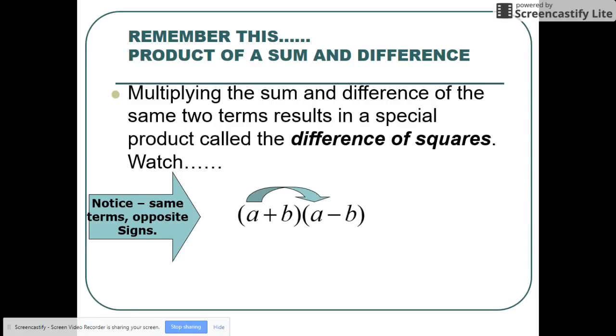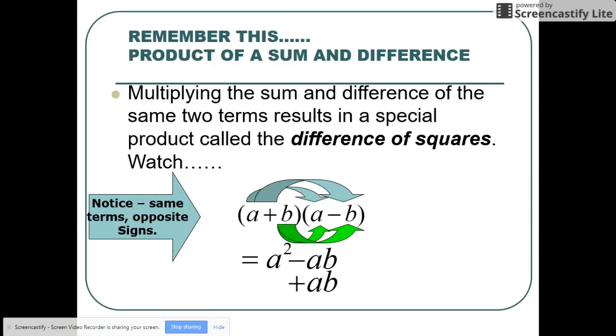So we'll go a times a, which will give us a squared, a times negative b, which will give us negative ab. Then we go b times a, which will give us positive ab. And then we go b times negative b, which gives us negative b squared. So what's actually happening here is, and you know this already, a squared is remaining there.